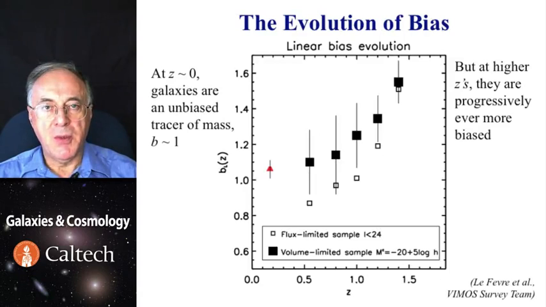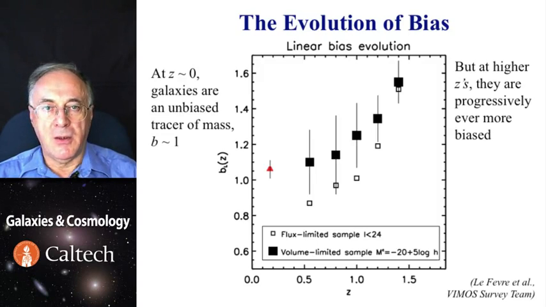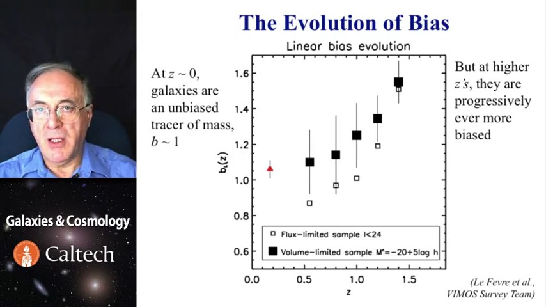And indeed, this can be probed with large, deep redshift surveys, and here is a result from one of them, from the European Southern Observatory Deep Survey. It shows the value of the effective or average bias parameter for galaxies starting from redshift of unity to about 1.5. And you can see that it was higher in the past. So galaxies near us are almost an unbiased tracer of underlying mass.